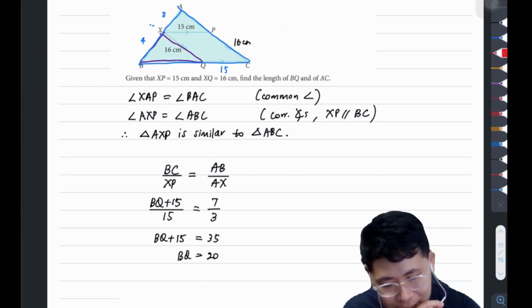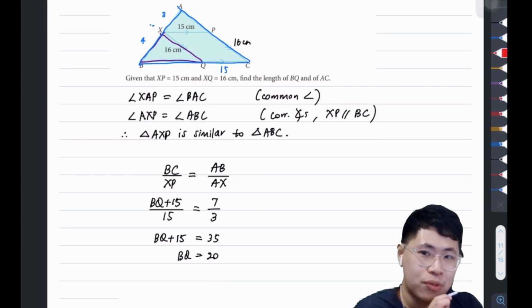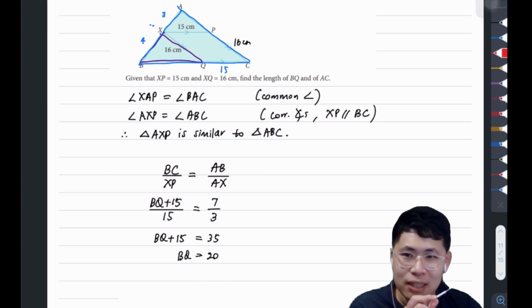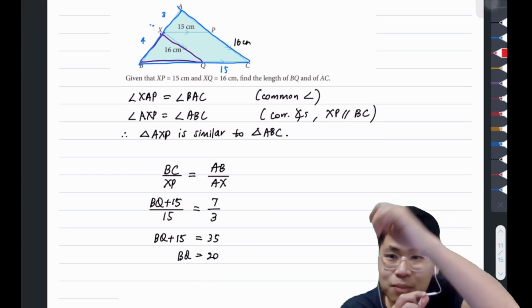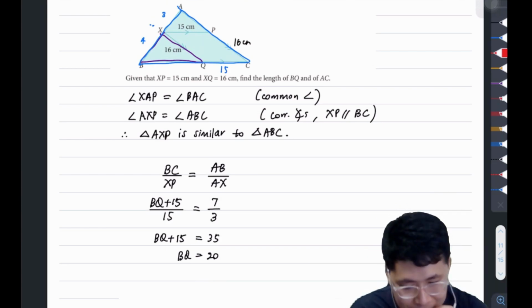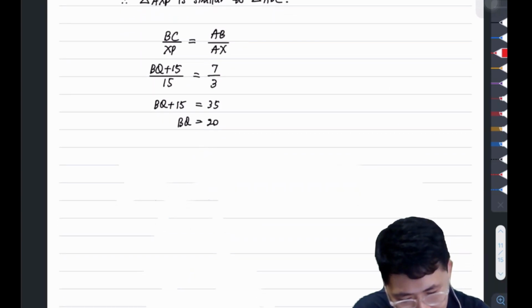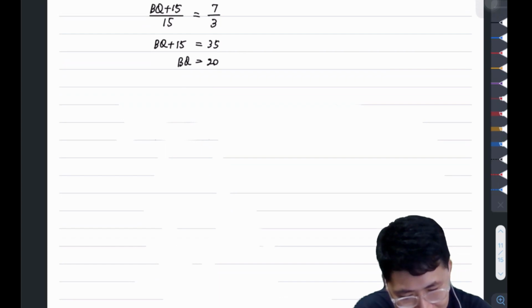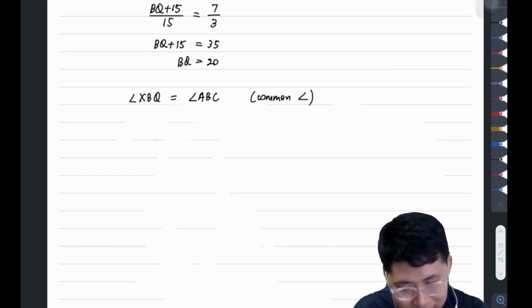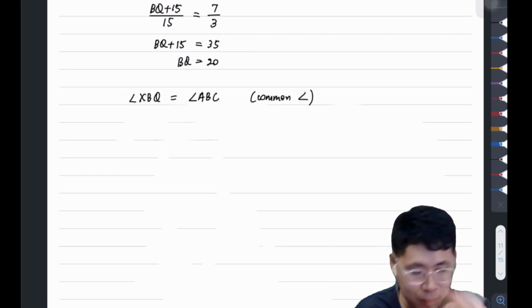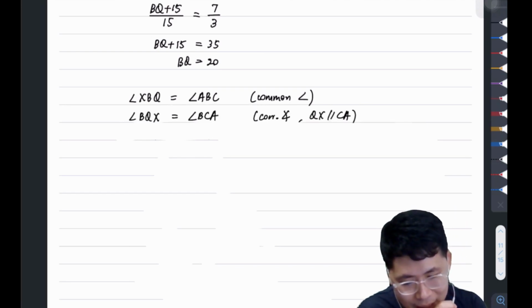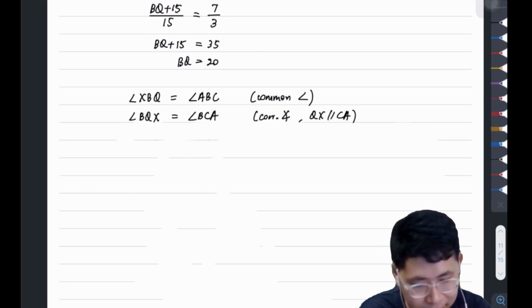Okay. So the thing about this is I need to reprove that XBQ and ABC are similar. So this is my proving steps. The first one is a common angle at the bottom left corner, and another is one of the corresponding angles.